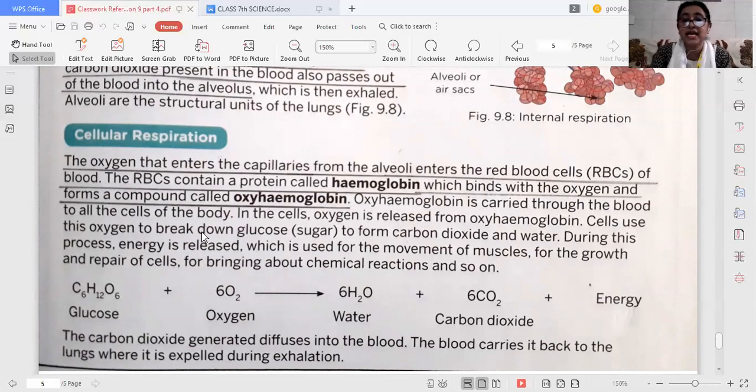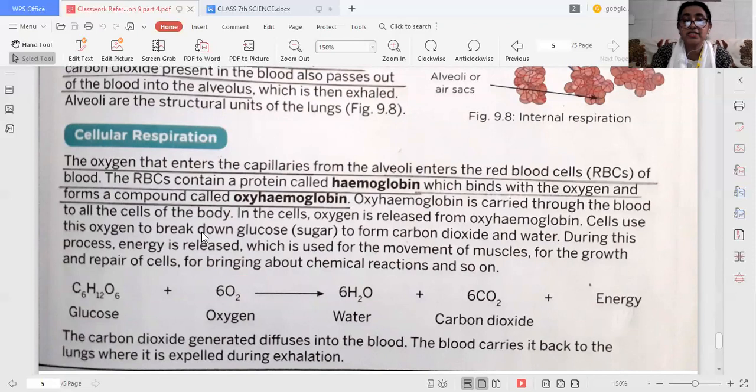Now in the cells, oxygen is released from hemoglobin, and then these cells use this oxygen for the oxidation of food or the breakdown of glucose. And when the breakdown of glucose takes place, what will form? Carbon dioxide and water, and energy will also be released. So this is cellular respiration.